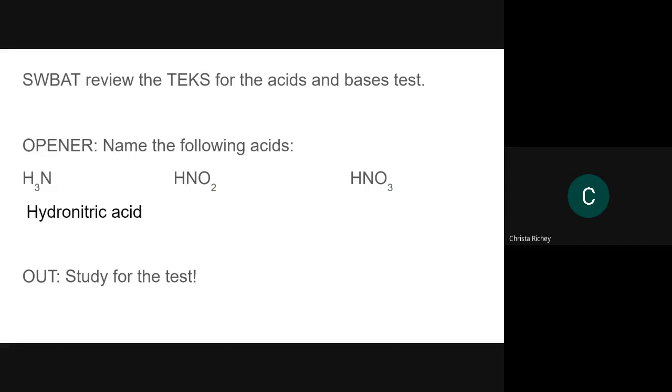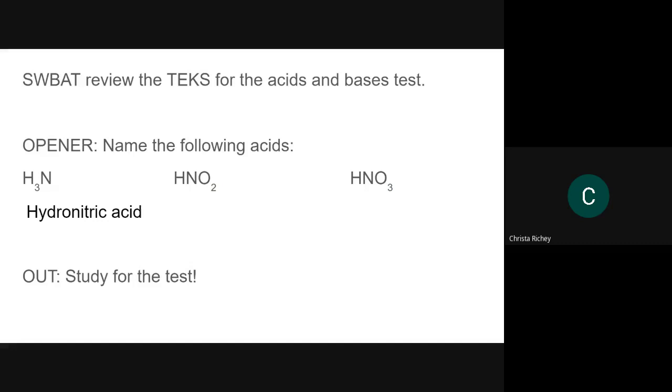Now these two aren't going to get hydros. How do you know which is the ite and which is the ate? Just by looking at them and not cheating. Y'all stop throwing things. And not looking at the polyatomic ion chart. One's 2 and one's 3.